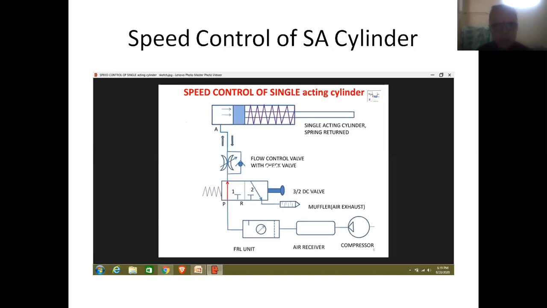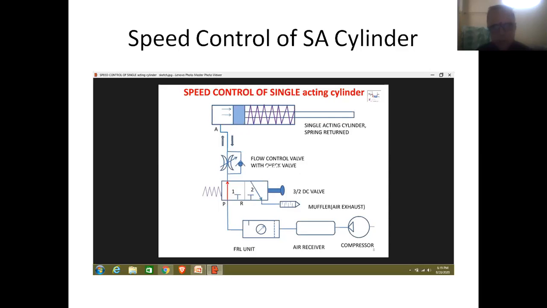So, friends, this is the arrangement of a single acting cylinder. Now, firstly, we are going to discuss speed control of a single acting cylinder.